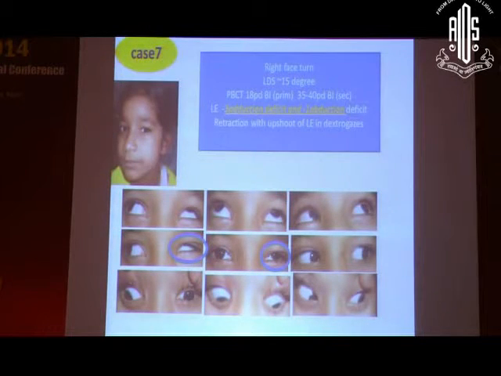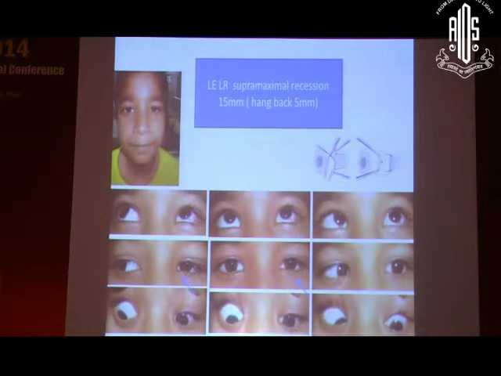This was another patient. She had a right face turn and an exotropia of around 15 degrees. There was a -3 abduction deficit, as you can see here, and there was also upshoot and -1 adduction deficit, and there was retraction of the left eye. So we did a supramaximal recession.